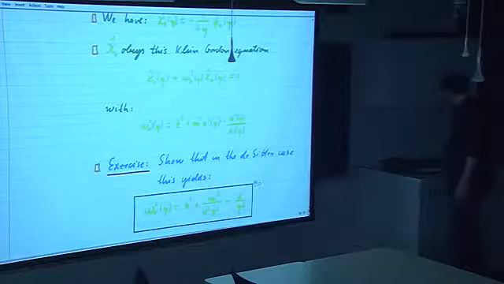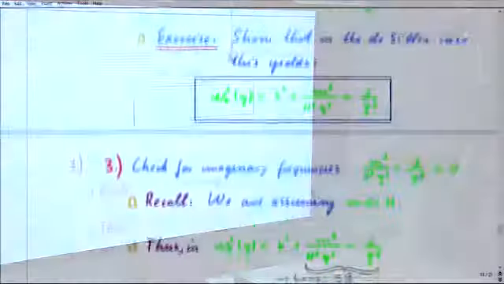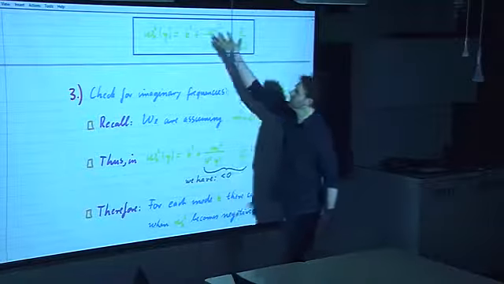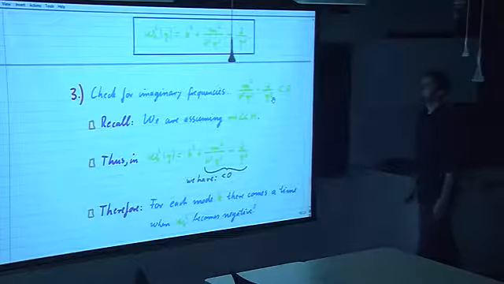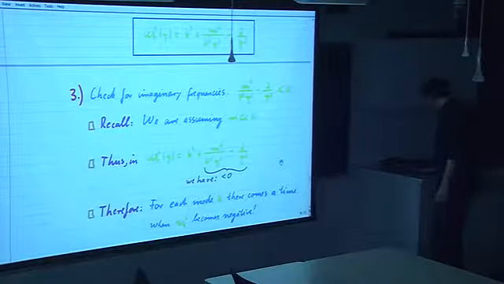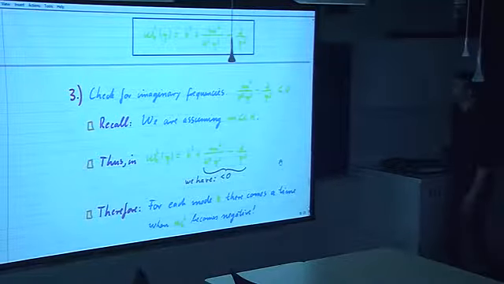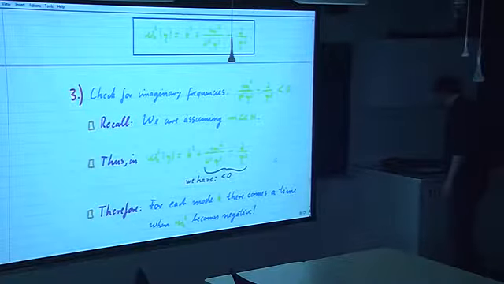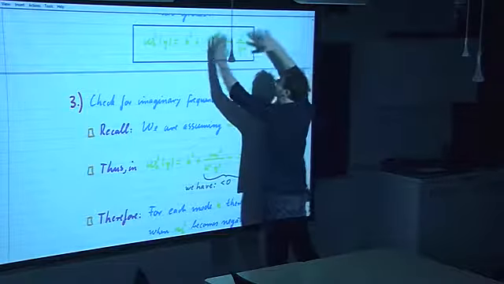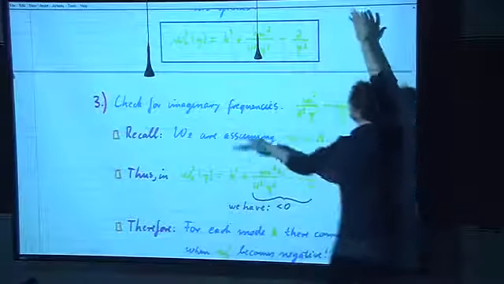So now we can analyze very specifically when this is going to be negative. When the frequencies become imaginary, when the frequency squares become negative. When does that happen? Well, what we need for that is that, in particular, this expression has to be negative, right?